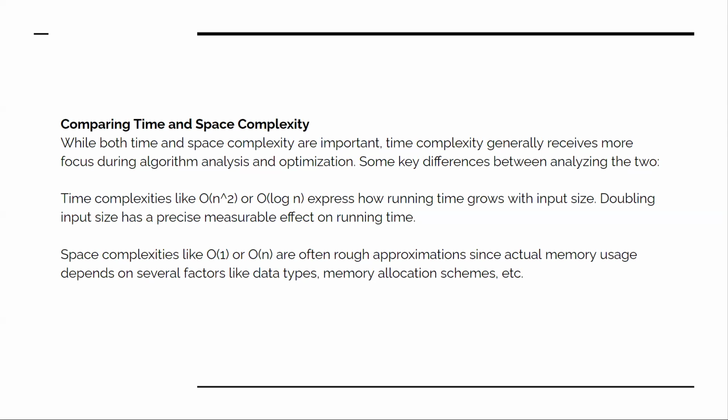Doubling input size has a precise measurable effect on running time. Space complexities like O of n are often rough approximations, since actual memory usage depends on several factors like data types, memory allocation schemes, etc.